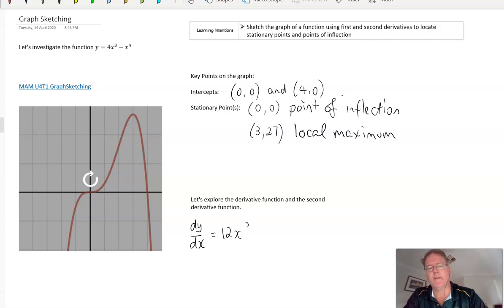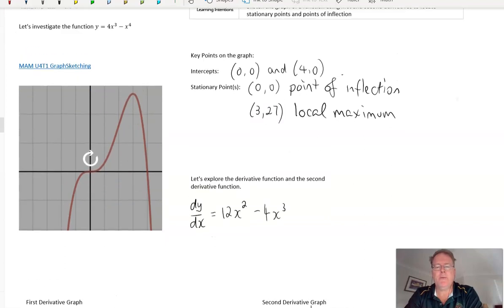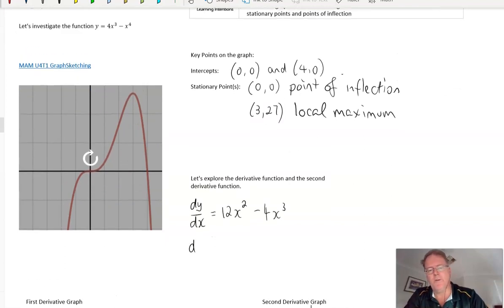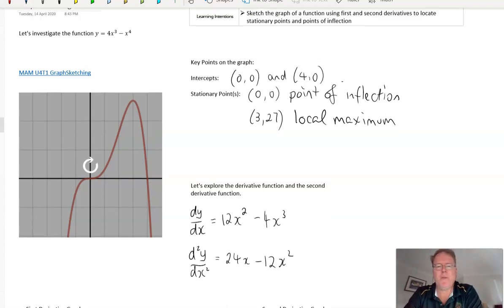That's 12x squared minus 4x cubed. If we want to continue on, we already know the symbol for the second derivative. We've covered that in previous work. d squared y by dx squared is the Leibniz form, and it's going to be the derivative of that, which would be 24x minus 12x squared. I won't worry about factorising or simplifying or anything like that.